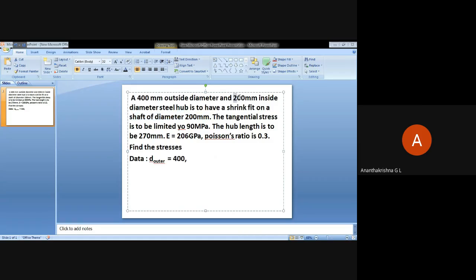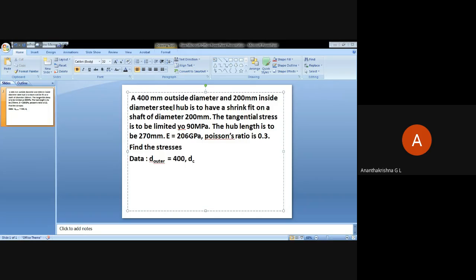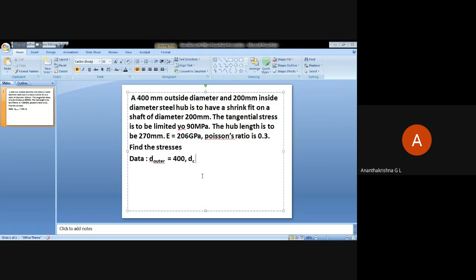So 200 mm is the inside diameter, 400 mm is the outside diameter of the hub, and it has to shrink fit onto a shaft of diameter 200 mm. Therefore, the common diameter DC is going to be 200 mm, correct?